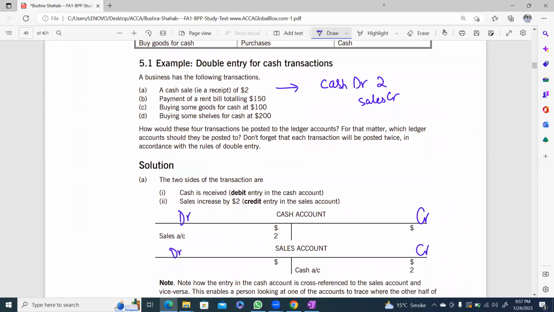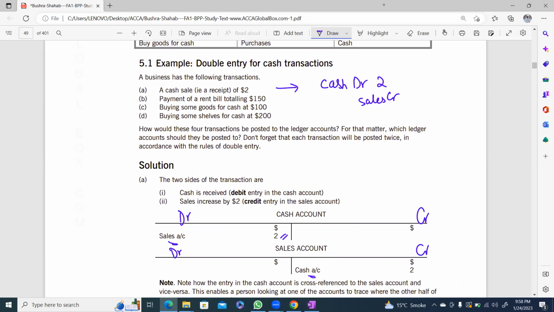Now, cash is being received, so the cash account is debited $2 because of sales. Then the sales account is credited because of the cash account. So you will write the name of the corresponding account in the T account, that which account is being opened.